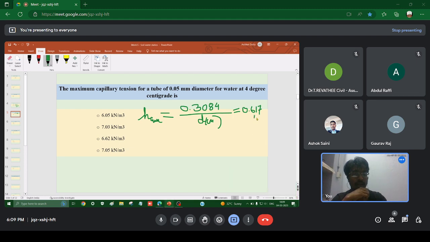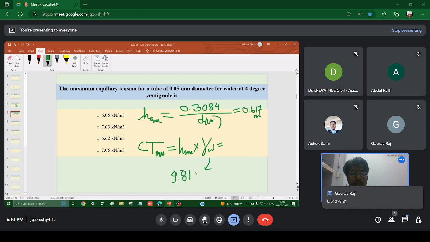0.617 meter. And now the capillary tension, if you want to find out the maximum, will be this HC max into gamma W. Gamma W, take it as 9.81. You can get the answer as 6.05.